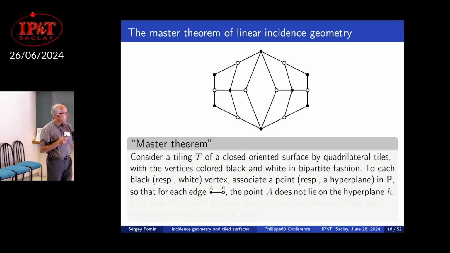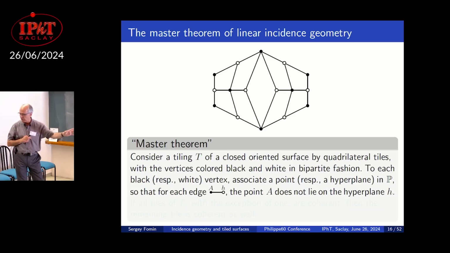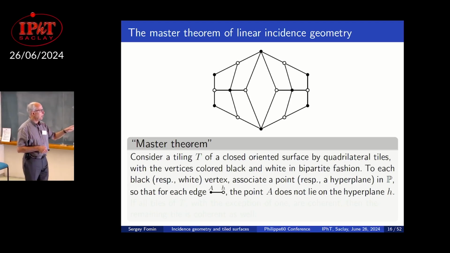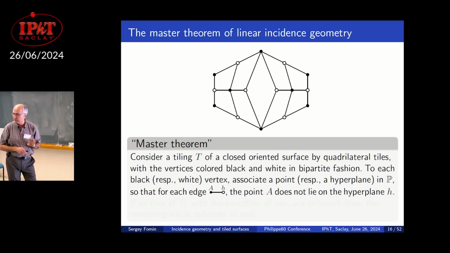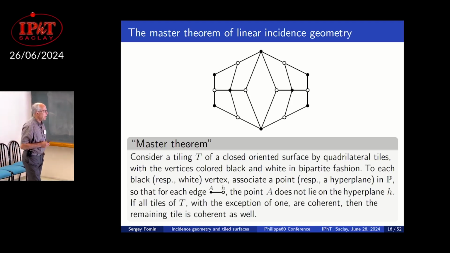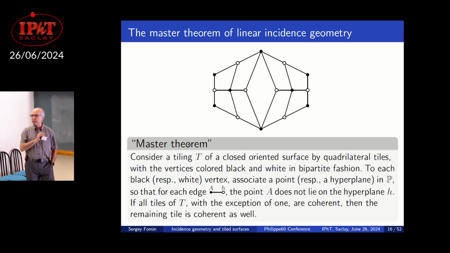Associate points, respectively hyperplanes, to black, respectively white vertices, as I told you earlier. And I don't want any of these points to lie on any of these lines, or hyperplanes more generally. And then the theorem says that if all tiles with the exception of one are coherent, then the remaining tile is coherent.